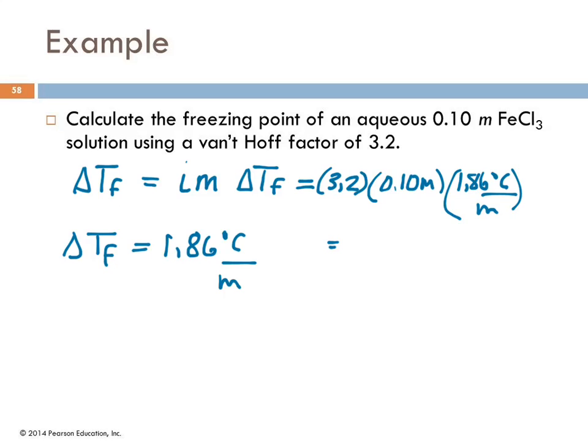And so delta T_f is 3.2 times 0.1 times 1.86 equals 0.5952. That would have 2 sig figs. So what's the freezing point then?